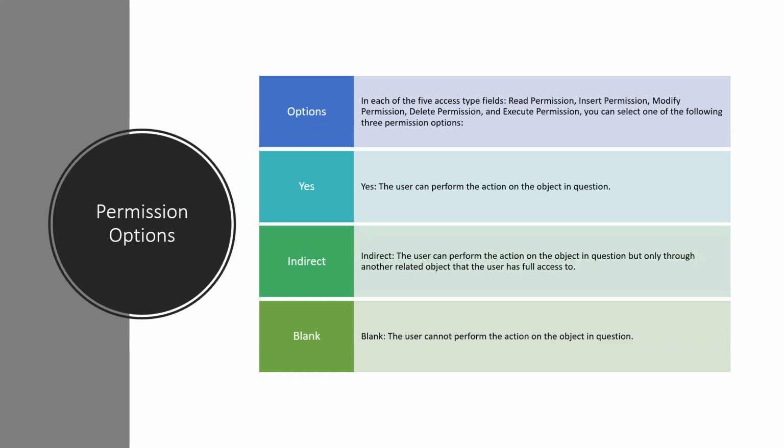So you don't want to have purchase orders created manually, but still you want to replenish. Okay, let's add an indirect option to this user to create purchase orders. So he's not going to be able to create them manually anymore. Blank, the last option: the user cannot perform any action.